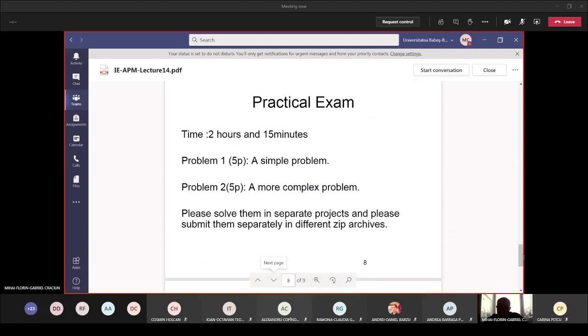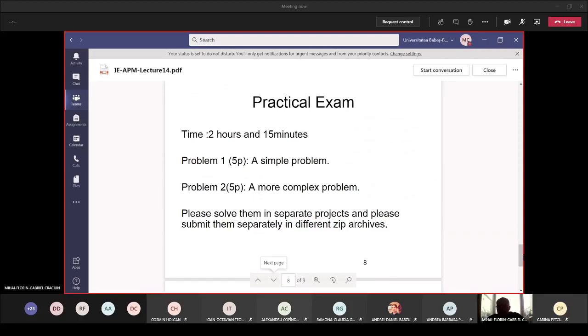For the practical exam, I'm going to give you 2 hours and 15 minutes. The first problem will be a very simple one, worth 5 points. The second problem will be a more complex problem. We already discussed this style at the seminar.